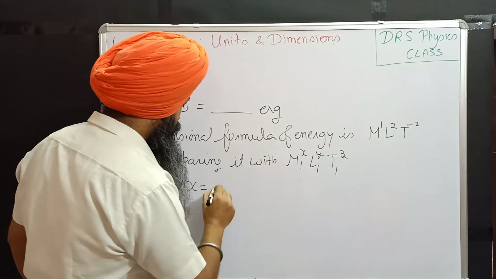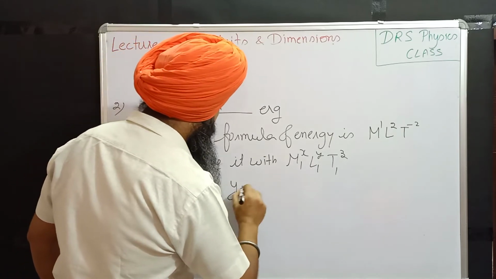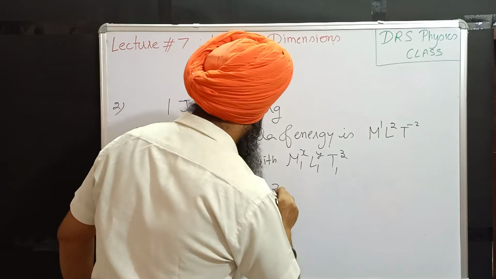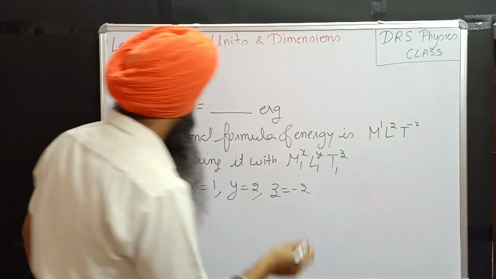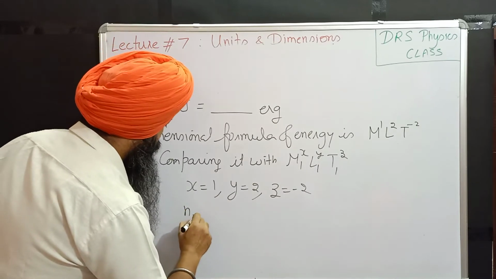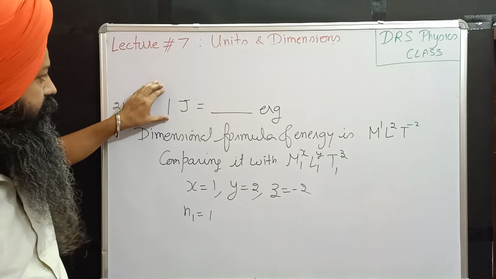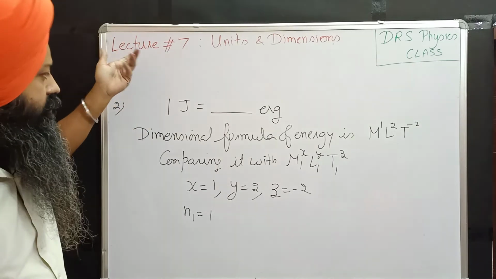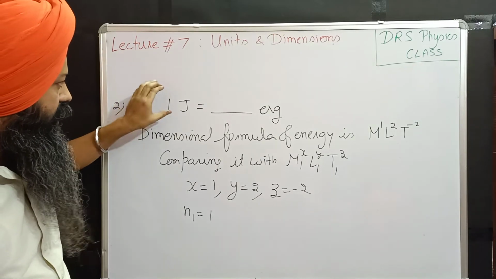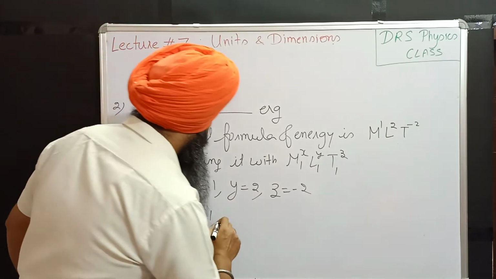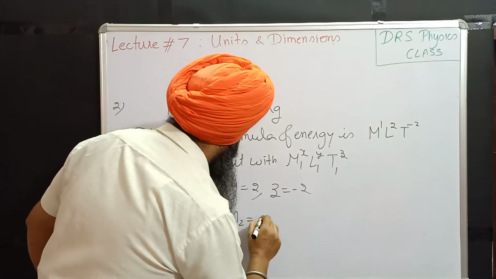X is equal to 1, Y is equal to 2, and Z is equal to minus 2. It seems there are many steps, but with practice it becomes very easy. Further, what is the value of N1? It is 1. Sometimes this value may be 10, 11, 100 or something like that, and you have to keep that value here. In our case, it is given as 1, so N2 is to be found.